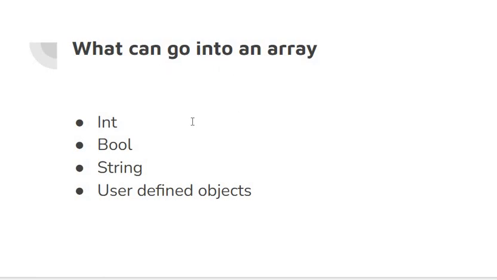What can go into an array? Any type of value can go into an array: ints, bools, strings, objects. Normally an array would be singular types. It'd be all ints, all bools, all strings, all floats, or all objects. But if you want to have a mixed bag array, which is not recommended, but if you see a need for it, you can.